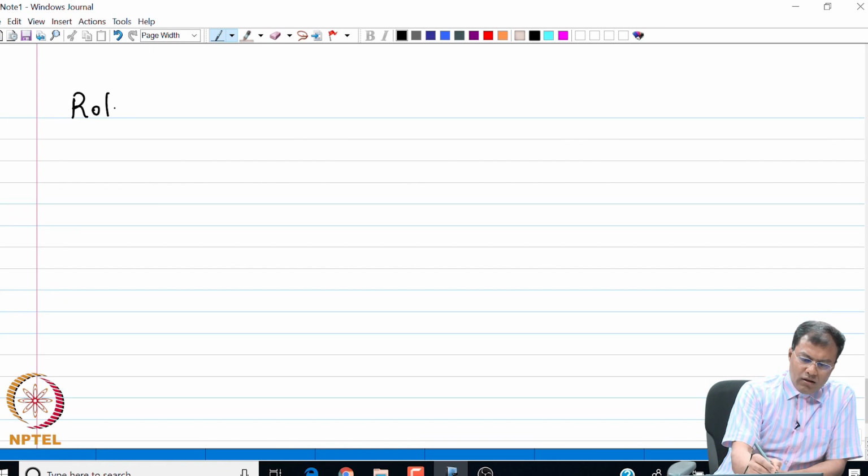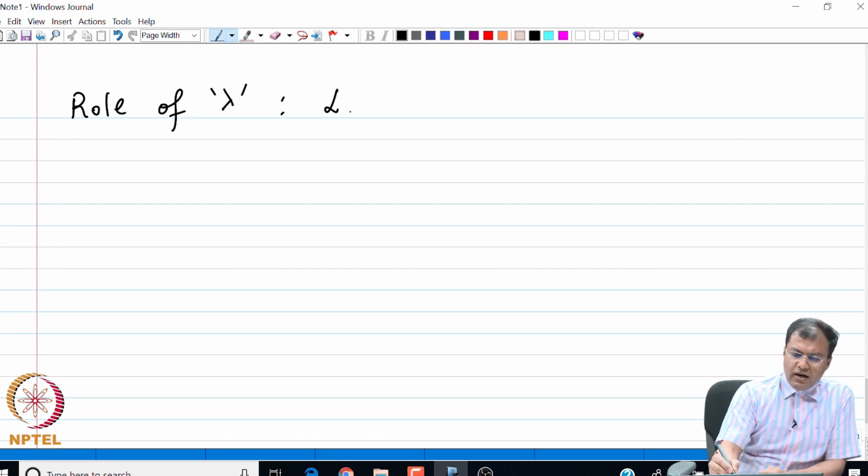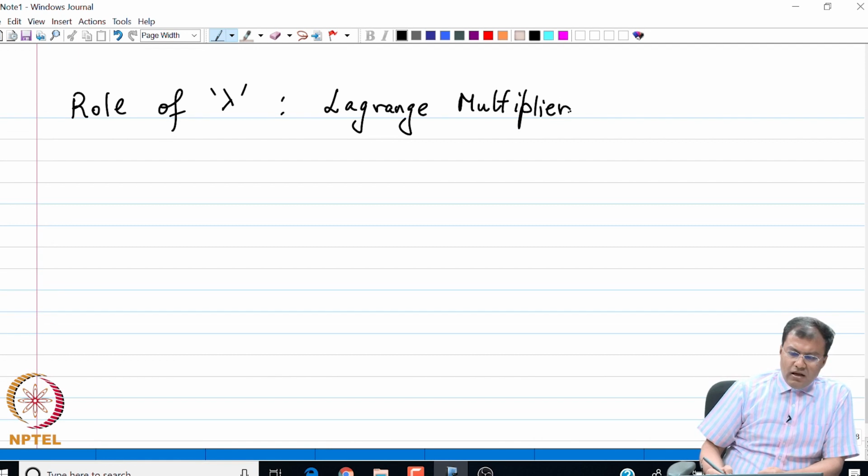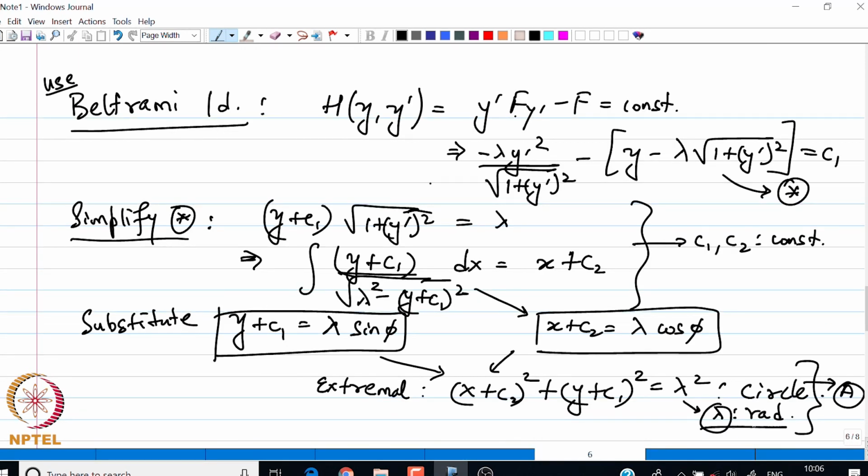So the role of lambda, which is our Lagrange multiplier in isoperimetric constraints. Notice that in the previous example, lambda was the radius.